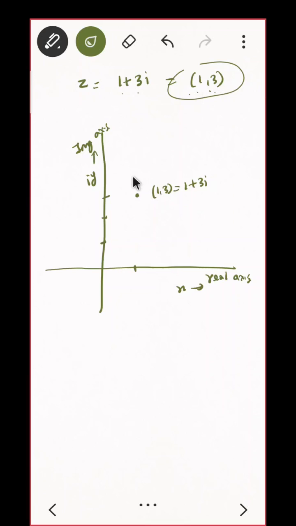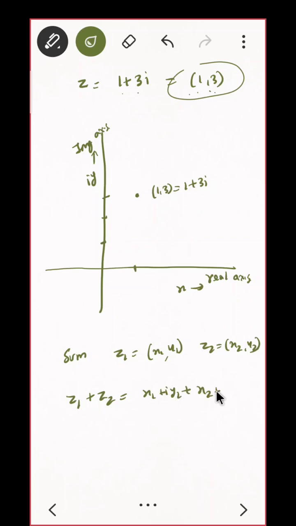Yes. Now let us define sum and product of complex numbers. So, sum: if z1 is equal to, you can say, (x1, y1) and z2 equal to (x2, y2), then what is their sum? z1 plus z2 will be, you can write like this: x1 plus i y1 plus x2 plus i y2.